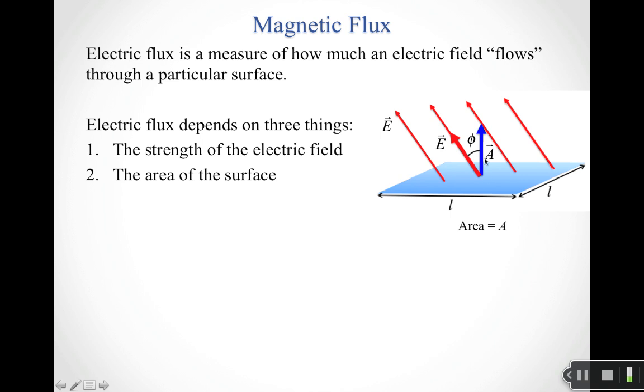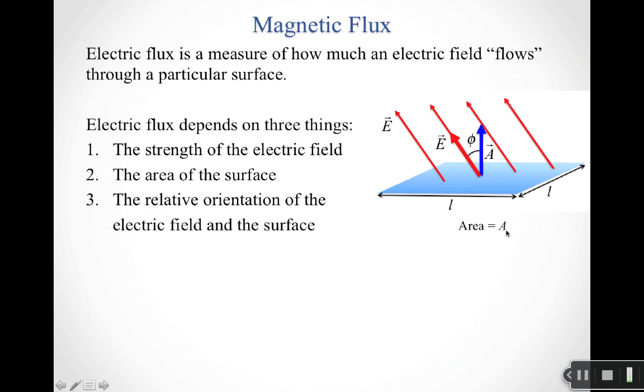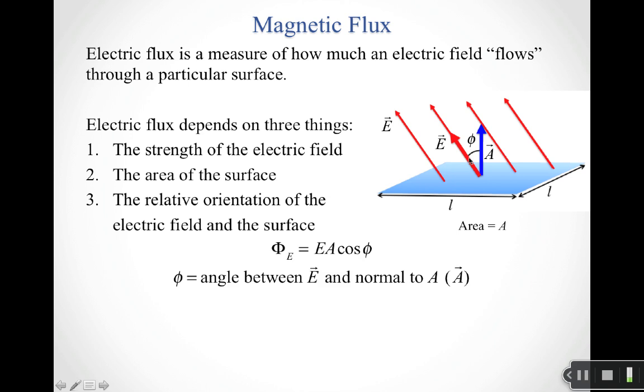The area vector happens to be perpendicular to the surface, and it has a magnitude that's equal to the area of this surface. So the magnitude of this area vector is just the area of our surface. And then the third thing is, what's the relative orientation of the electric field and the surface? Notice we've got an angle, in this case we've labeled it phi, between these two vectors.